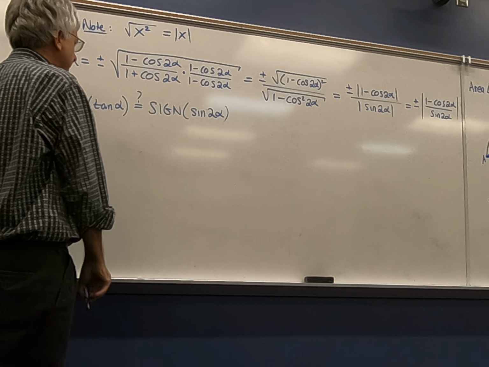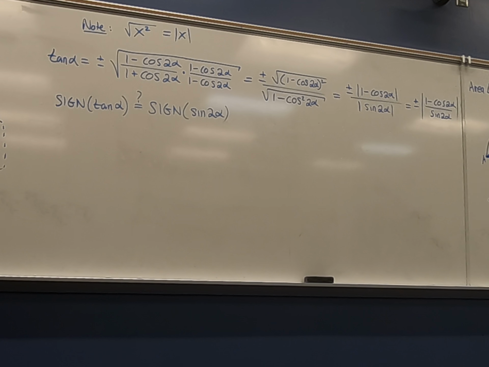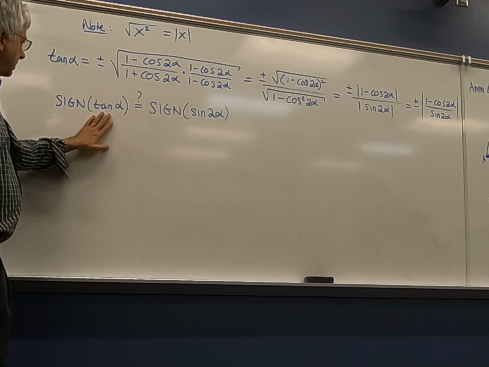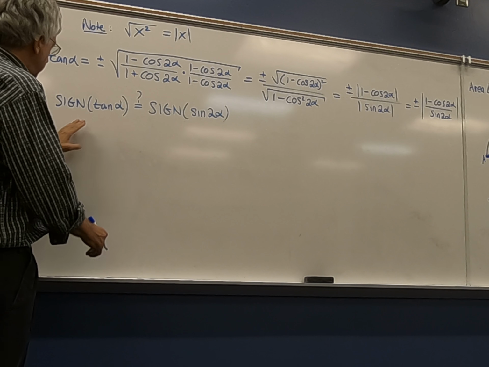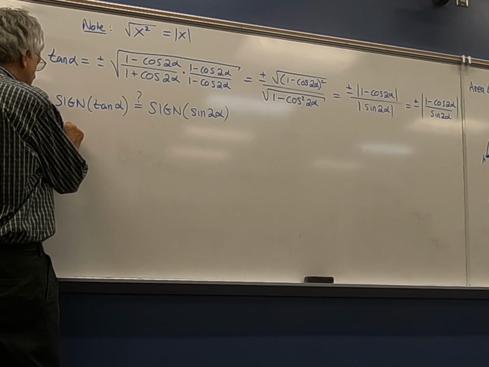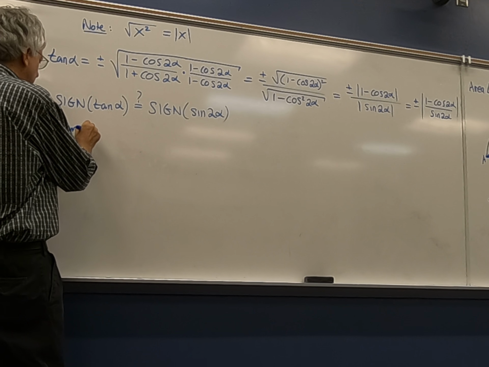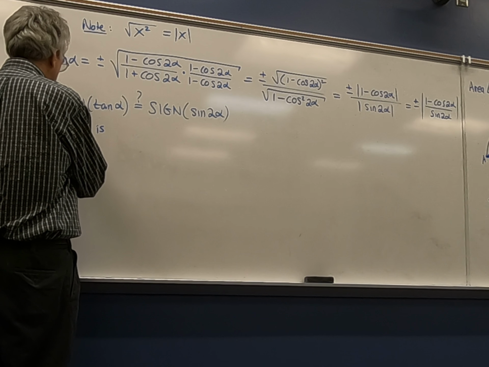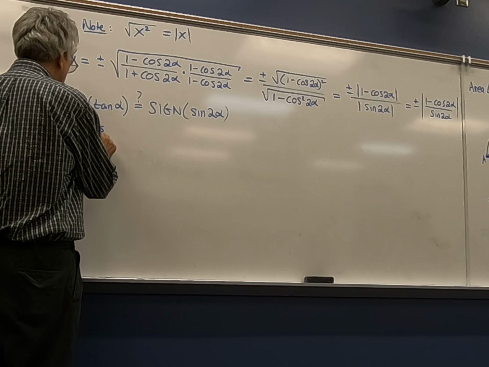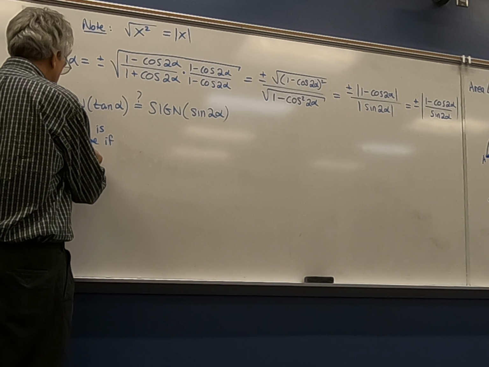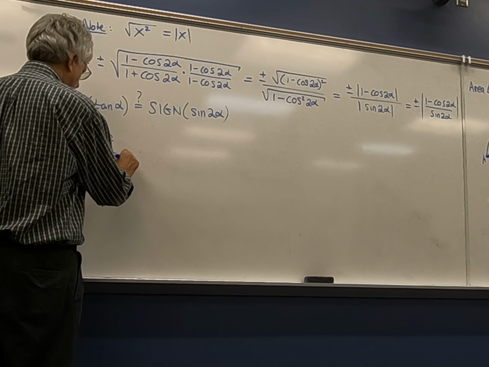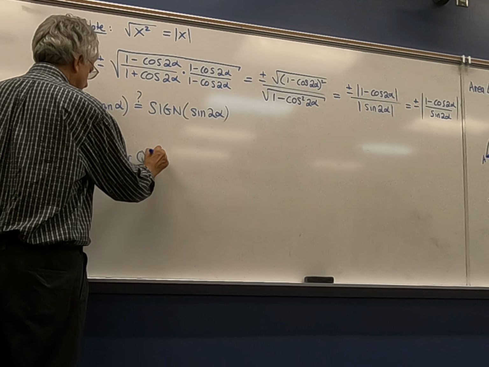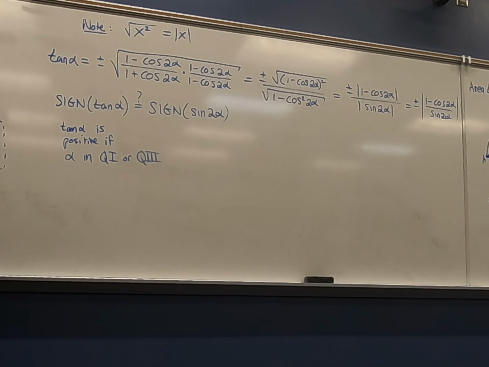Let me put a question mark here. Well, in what quadrants is tan positive? Alpha in quadrant 1 or quadrant 3, right? Quadrants 2 and 4, it's negative.